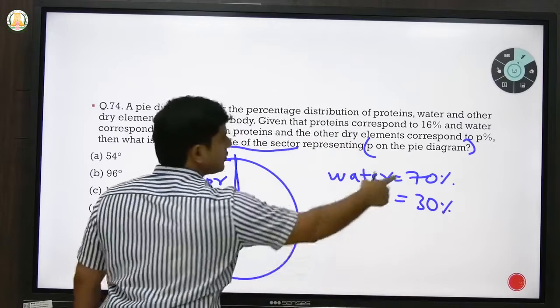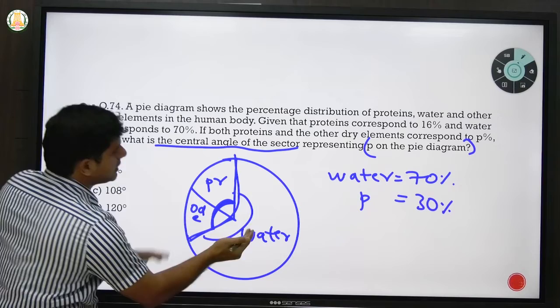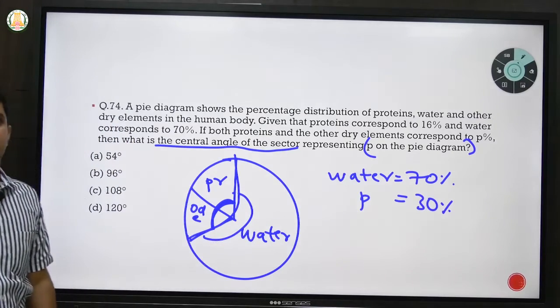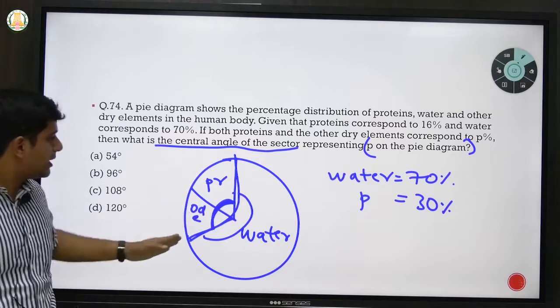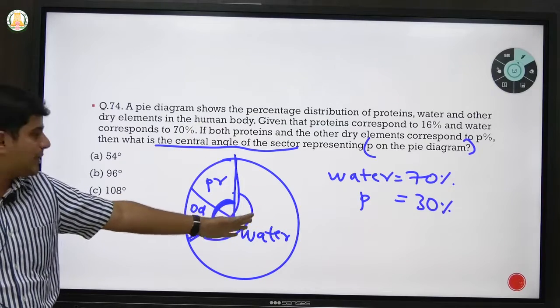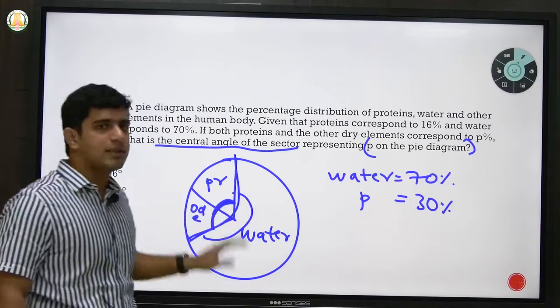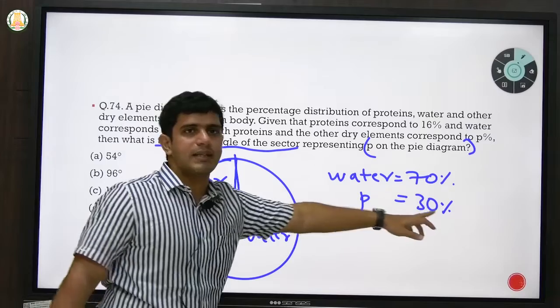So this angle and this angle will be in the ratio of 70:30. That is the basis of the pie diagram. That is how I can tell that this is big and this is small. If you see the diagram clearly, water is so big, so I can say yes, water is the maximum part just by looking at it. That is the beauty of the pie diagram. Just by looking at the relative size, you can tell it. So water is 70% and P is 30%.